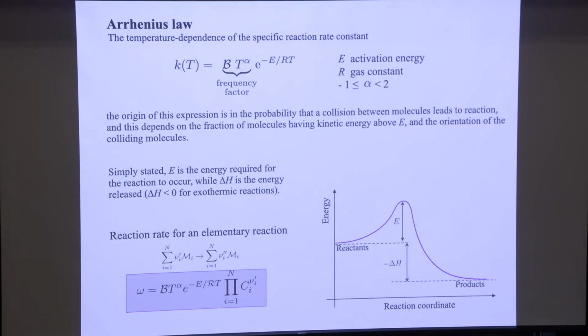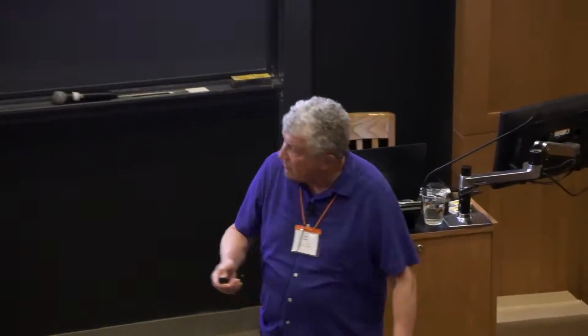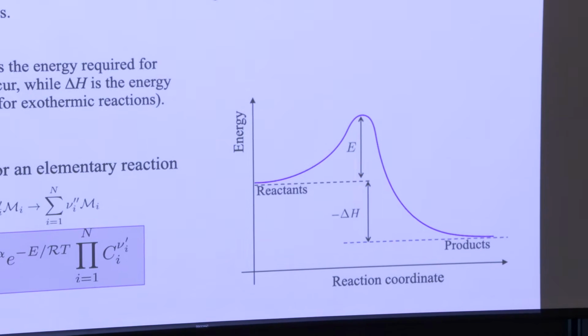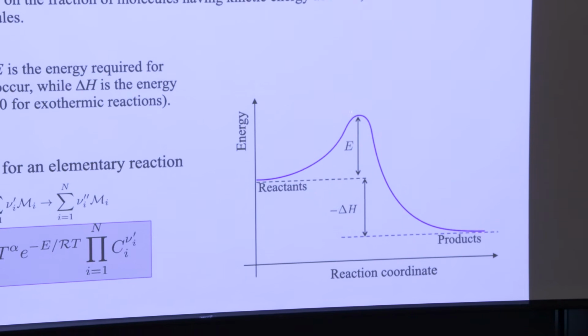The origin of this expression is the probability that two molecules will collide to create a chemical reaction. For that they have to be aligned in the right direction and have the right amount of energy, so you need to overcome this activation energy for the reactants to interact and produce the products.